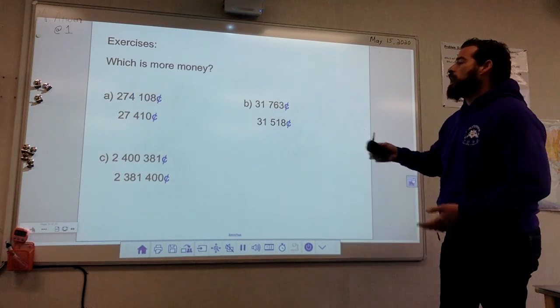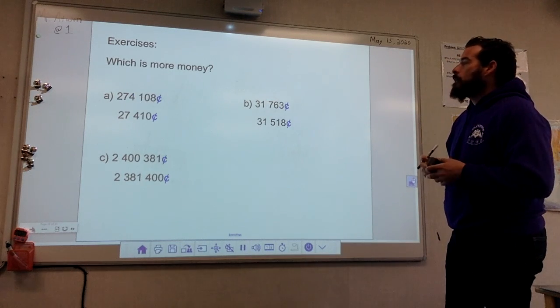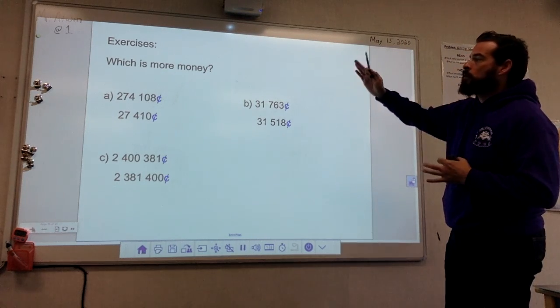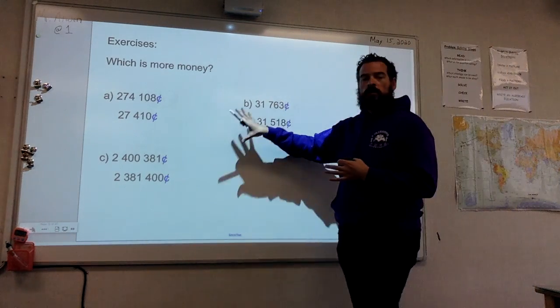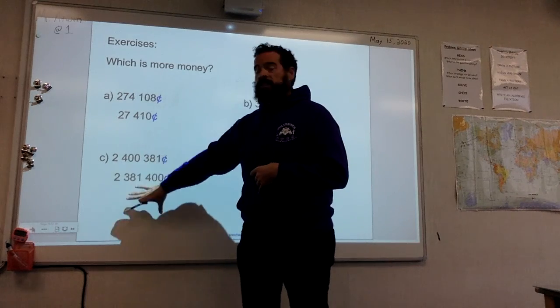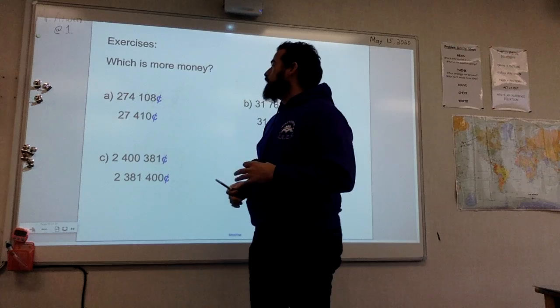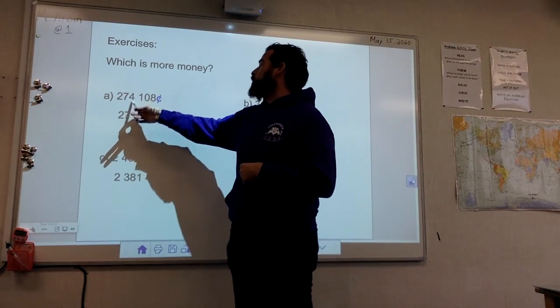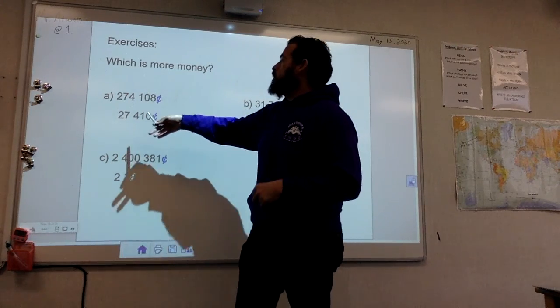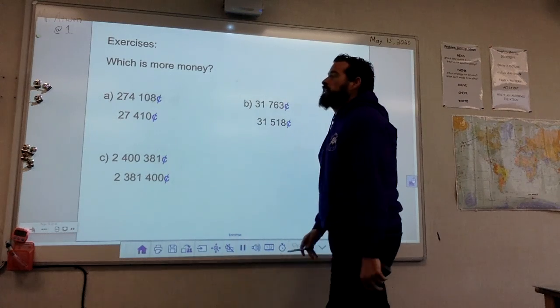Okay, now, again, we just have comparing more money. Now, though, we have a couple of examples where we have the same amount of digits, so we have to look a little bit closer. In A, we do not, because we have 274,108 cents versus 27,410 cents.